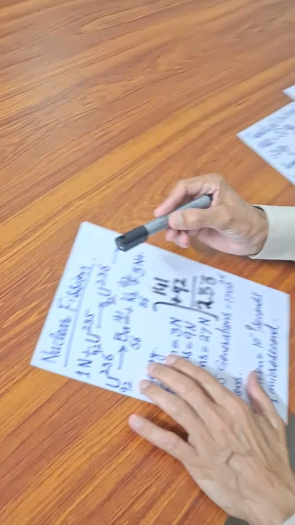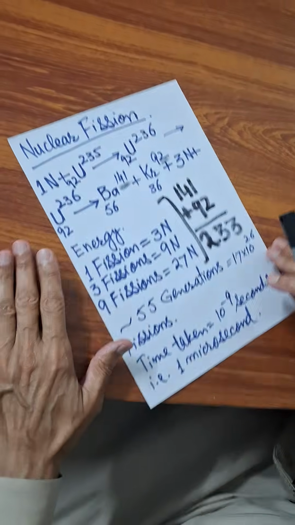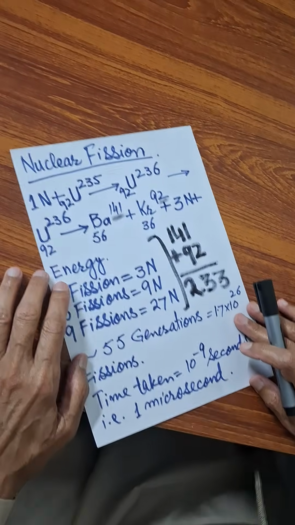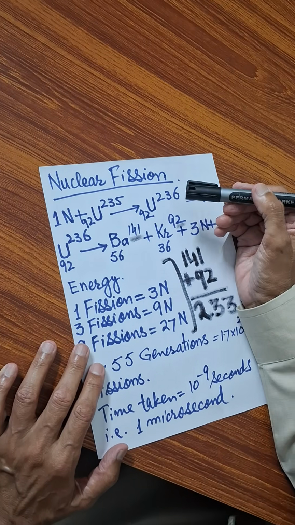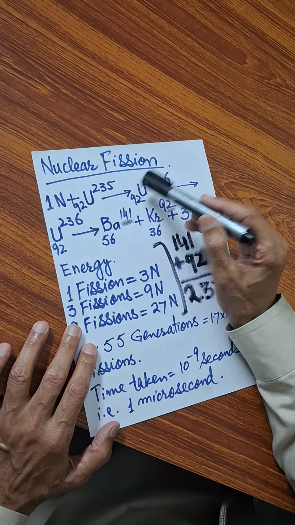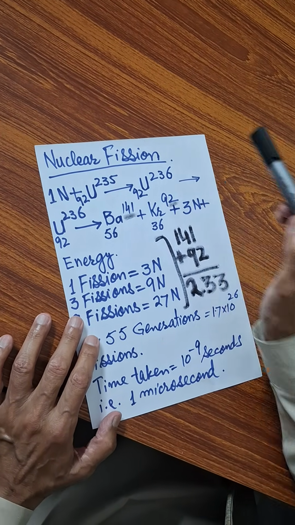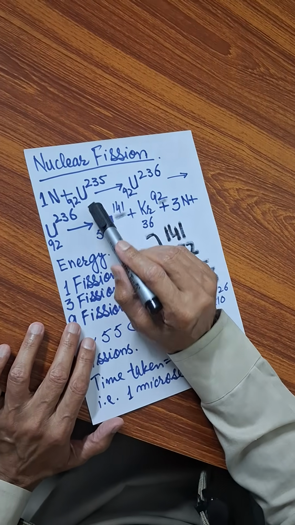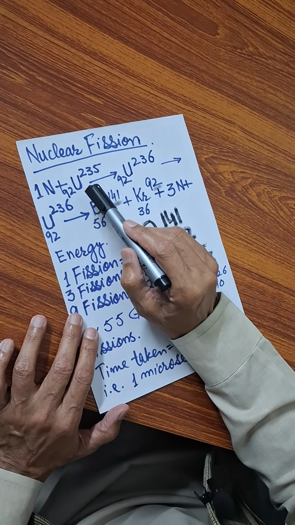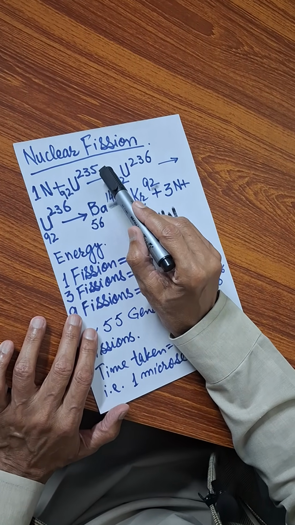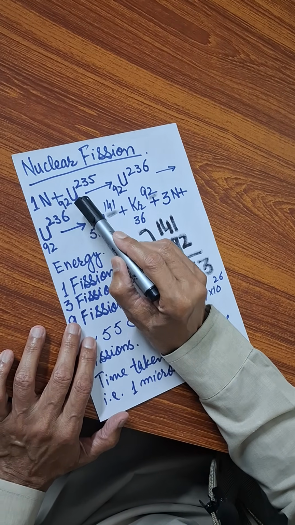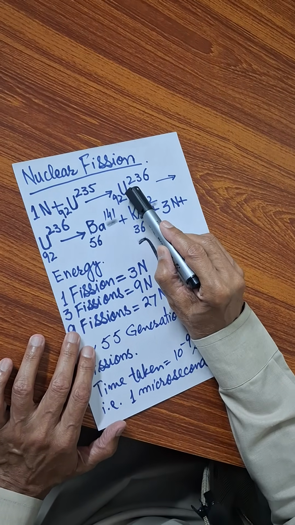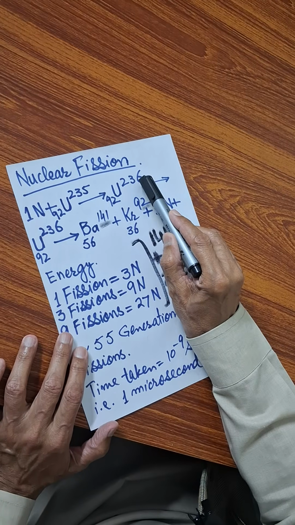Now, the very first explanation which I want to make is that in my last video yesterday, I explained nuclear fission, and I told that when uranium 235 captures one neutron, it becomes uranium 236.